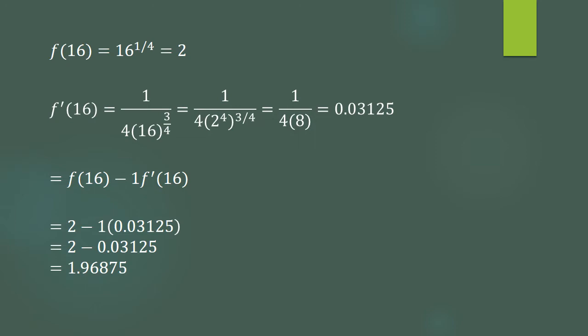So we have calculated the approximate value of 15 raised to 1 by 4 as 1.96875, and for that we have used derivatives. So using derivatives, we can find the approximate value for any function. Now we will solve one more question.